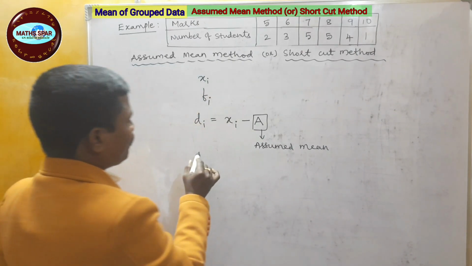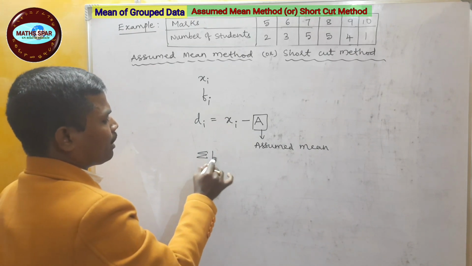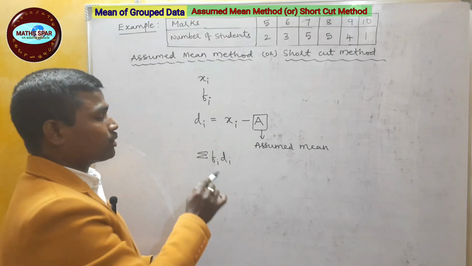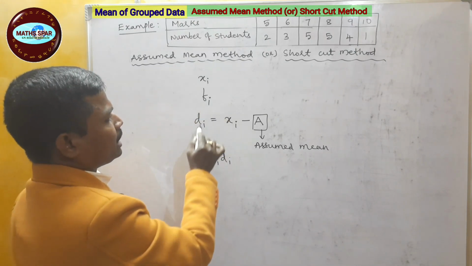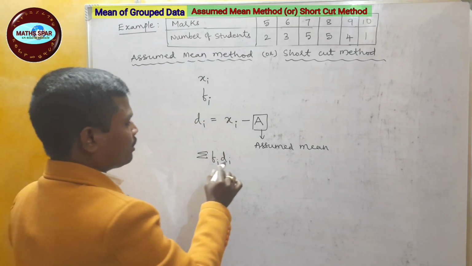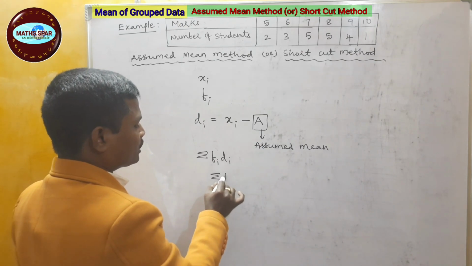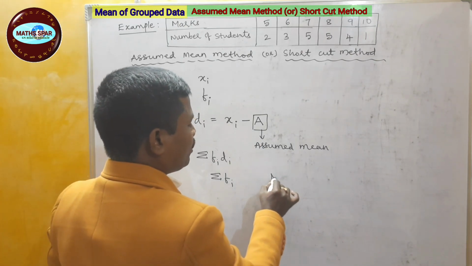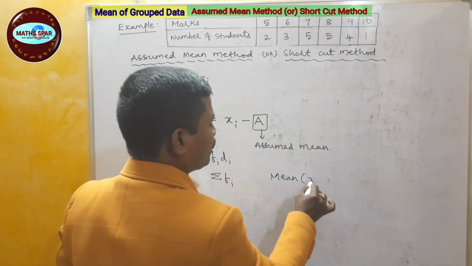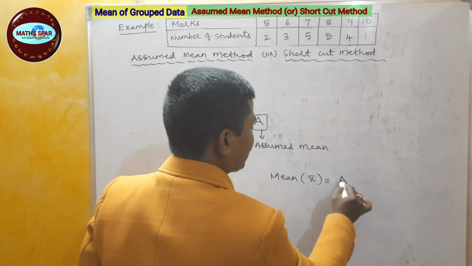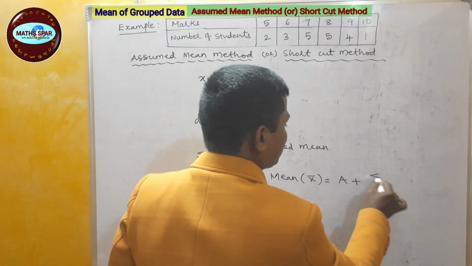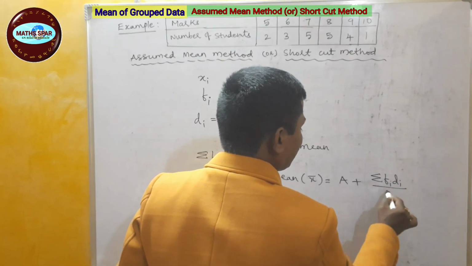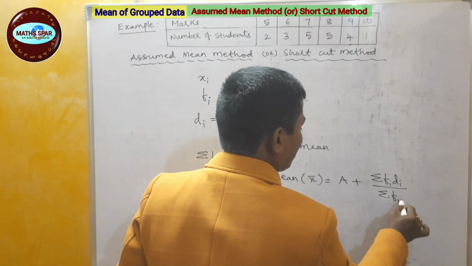and then we will find sigma fi di, which is the sum of products of frequency and deviation. Then we find sigma fi, which is the sum of all frequencies, and then mean can be found by using a plus sigma fi di by sigma fi.